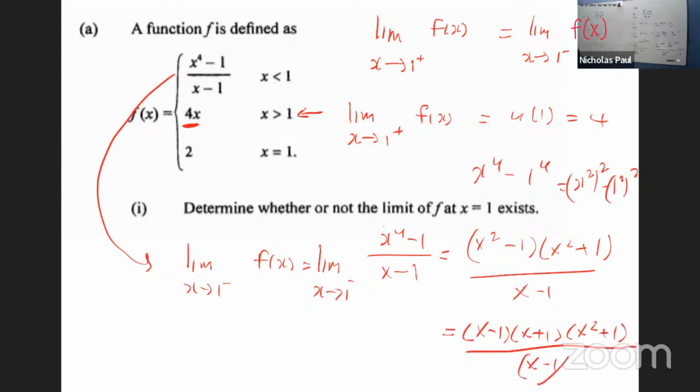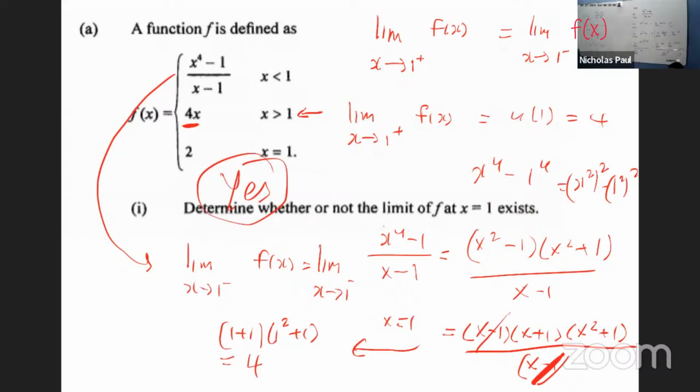Now you're going to cancel it off, and now we can plug in 1. So if I substitute x as 1, I put the answer to the left here. I'll get 1 plus 1 by 1 squared plus 1, which is 4. So does the limit exist? Limit exists. So the next part is if it's continuous, and the answer is no, because f of 1 is 2.